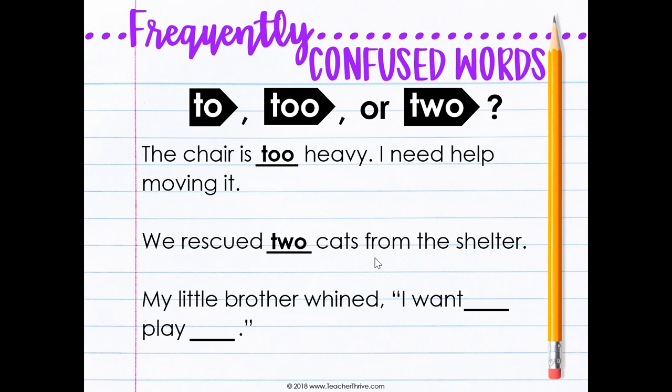My little brother whined, I want to play too. What's the first blank? To, I want to play. And what's the second one? Too. I want to play too. Good.